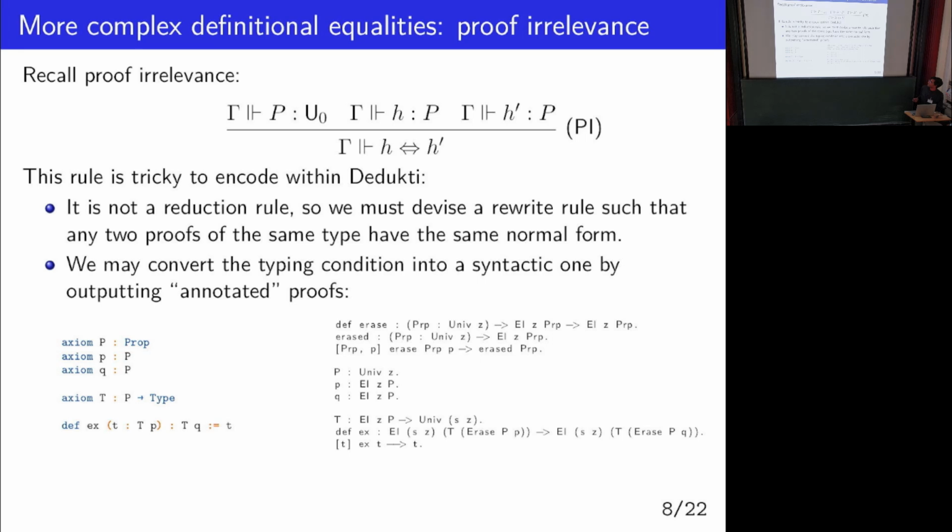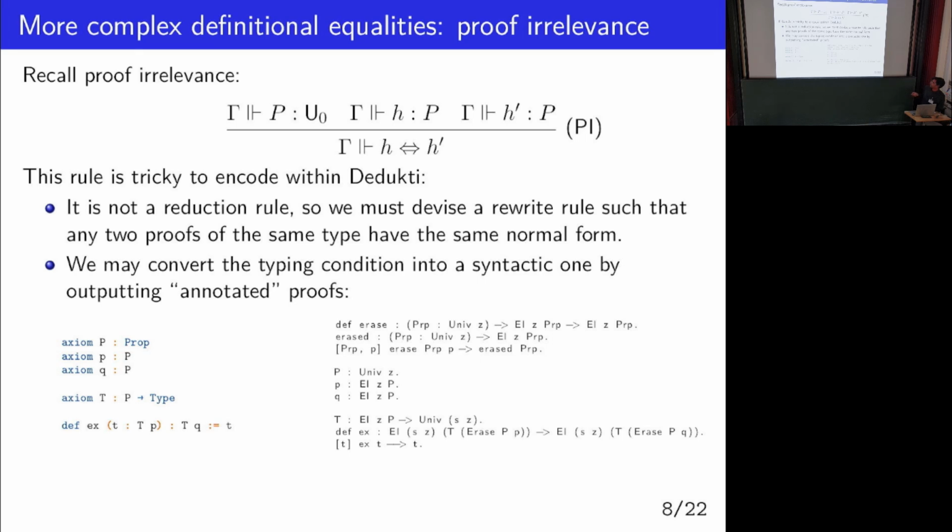And so our first idea may be to erase proofs. For example, here's a definition that uses proof irrelevance in order to type. We have this proof-indexed type, and we have this example definition, and it's able to type something that has the type T P as T Q based on the fact that P and Q are proofs of the same proposition.